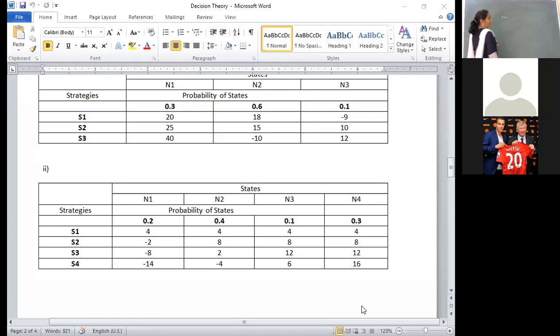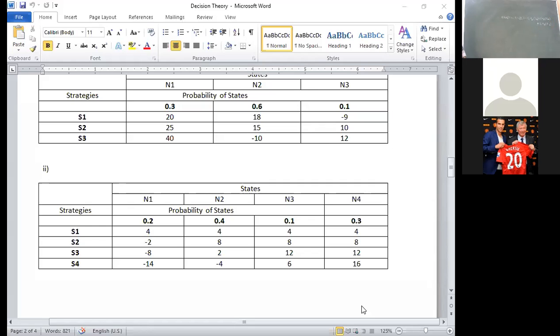The formula to calculate expected monetary value for strategy S1: S1N1 into P11, strategy 1, state of nature 1 into the corresponding probability, plus S1N2 into P12, plus S1N3 into P13, plus, here we have 4 states of nature, S1N4 into P14.